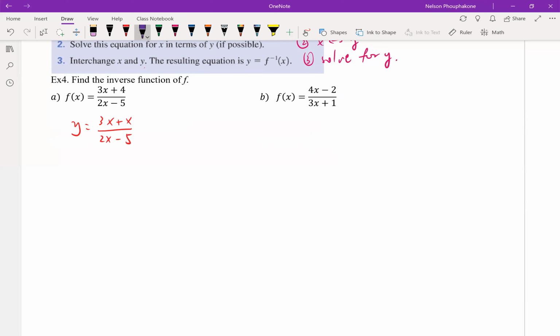Then what I could do is multiply both sides by 2x minus 5. And then I distribute the y here to take care of the parentheses.